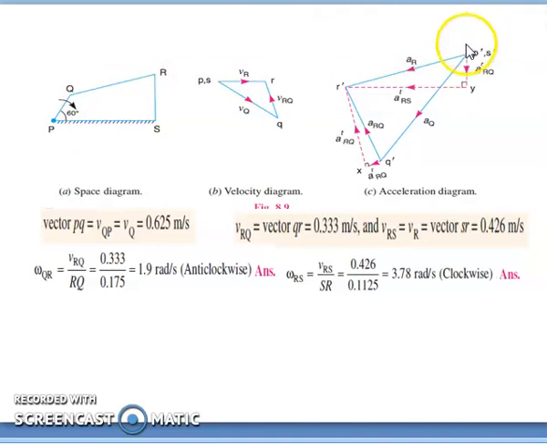So you have to draw the acceleration vector AQ from P in the downward direction.